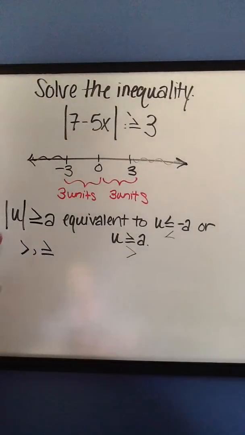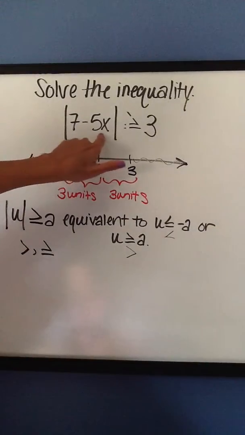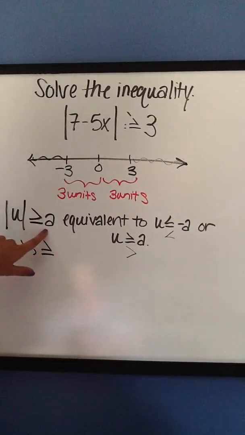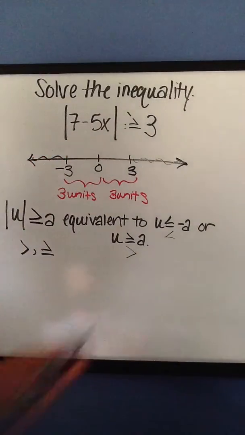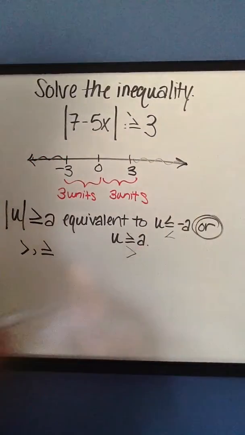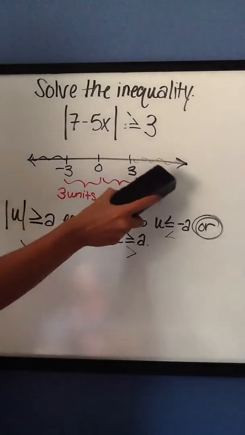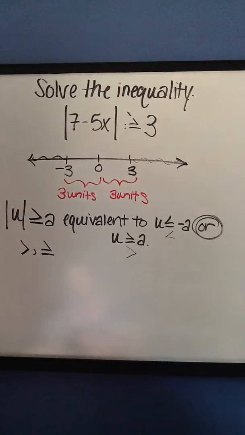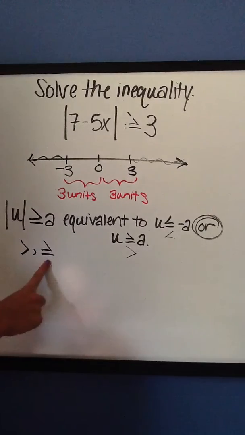So the absolute value of u right here is equivalent to our absolute value, being 7 minus 5x. And this general a, in our case, is equal to 3. We use this or right here because there are two distinct regions, to the left and to the right. An or is used whenever there's a greater than sign, which is here, or a greater than or equal to sign.